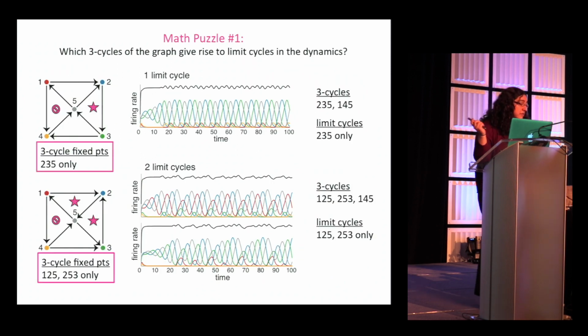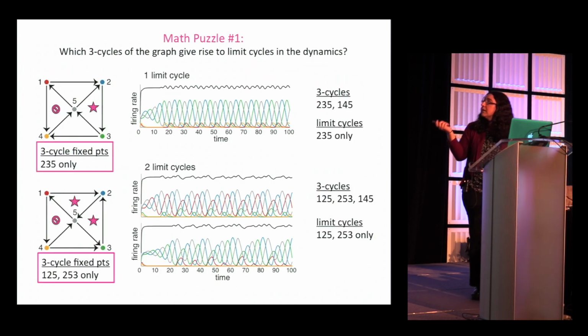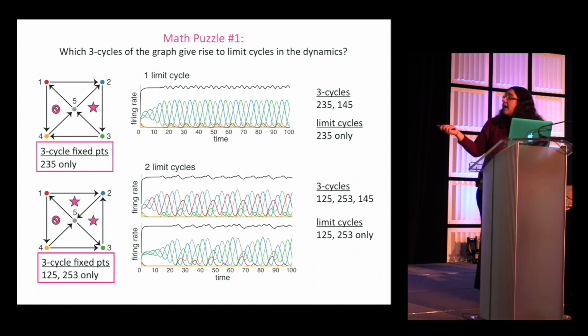But if we go back to this puzzle, I'm not going to completely solve it now, but I'm going to give you a clue. If I look at these 3 cycles and ask again which ones give rise to limit cycles, it turns out if I look at fixed points supported on these, only the fixed point for the limit cycle survives. So there is a fixed point corresponding to that 1, 4, 5, but it lies outside the chamber.